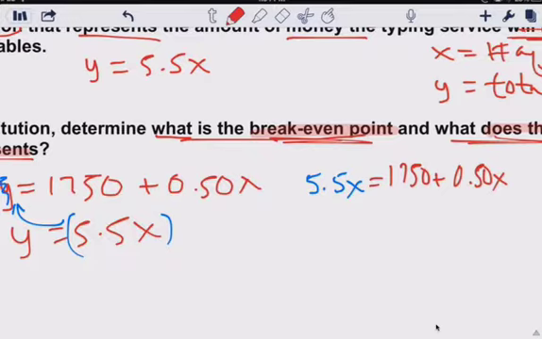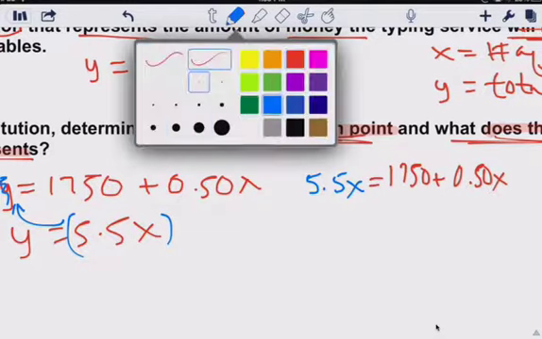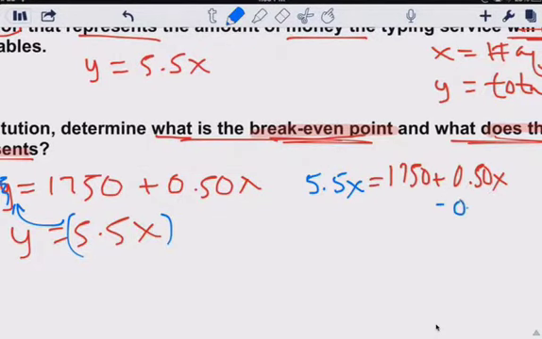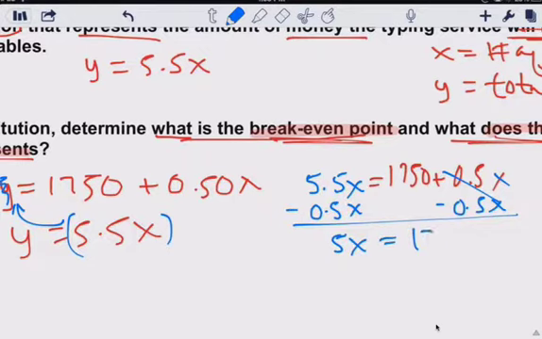Now, I would get rid of the x first here, minus 0.5x. That leaves me 5x equals 1750. Divide by 5.